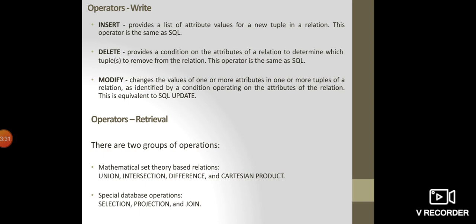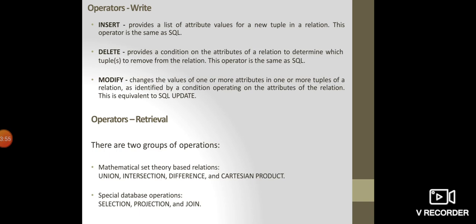Special database operations, namely selection, projection, and join, are special operations. Apart from that, you have one more, called division, which also comes under special database operations. Totally, there are nine operators present in relational algebra.